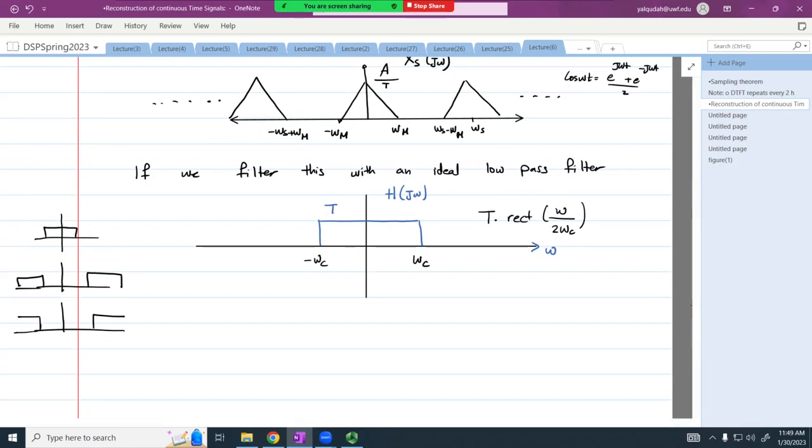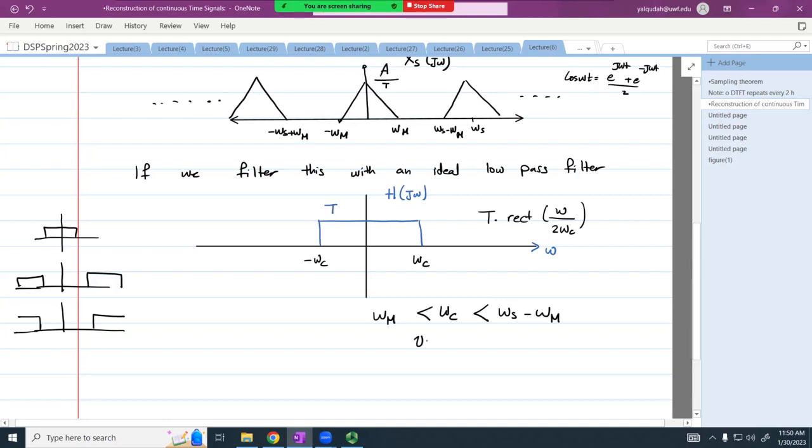What is the range of omega c? It has to be between omega m and omega s minus omega m, isn't it? Any value in this range will give me back my original signal. So omega c has to be greater than omega max and less than omega s minus omega max.